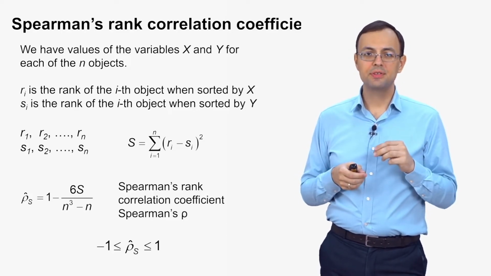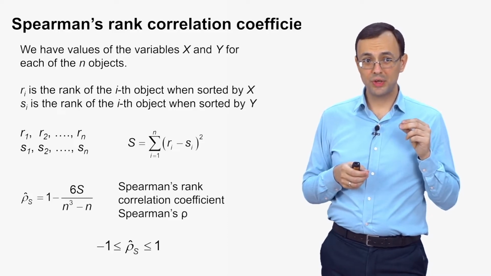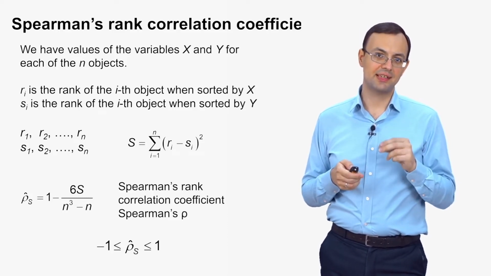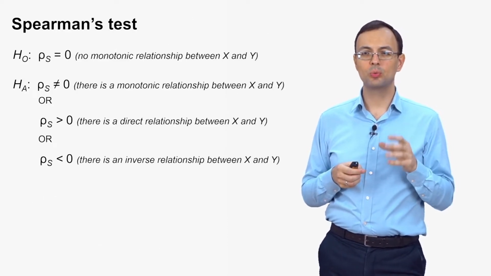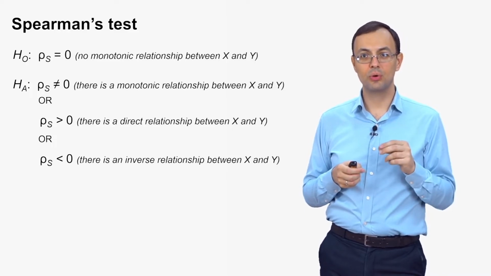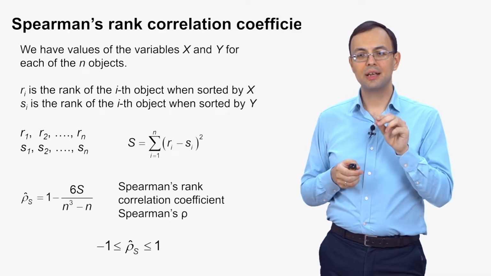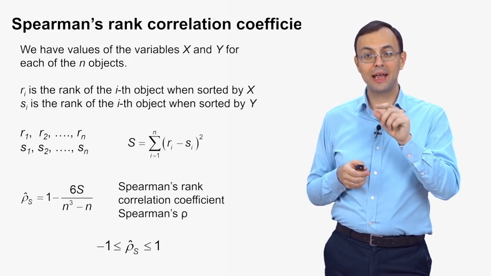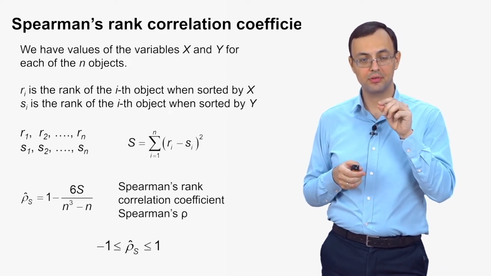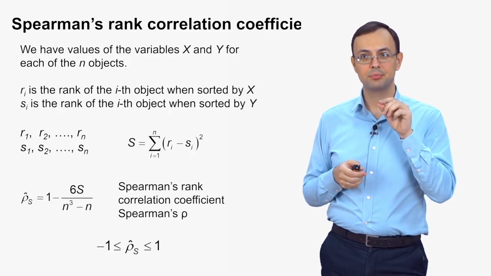But sometimes we are interested in hypothesis testing. So sometimes we want to test a hypothesis about the theoretical rho. What we calculate with this formula is rho hat, the sample rho, the sample Spearman's coefficient.